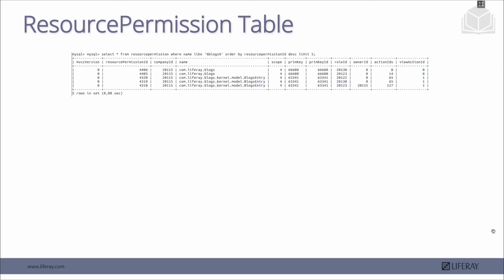This is what it looks like behind the scenes. Each individual blog portlet on the page is going to be an entry. Each individual blog entry will also have its own place, since each individual entity or portlet will have a permission resource that goes with it.